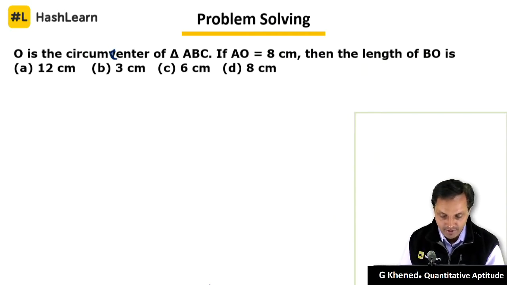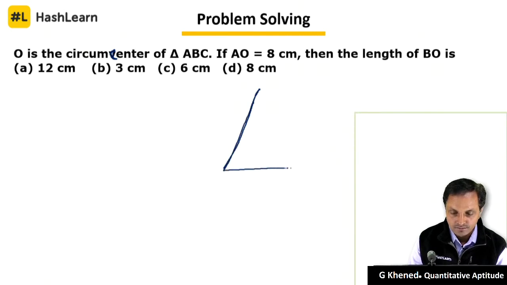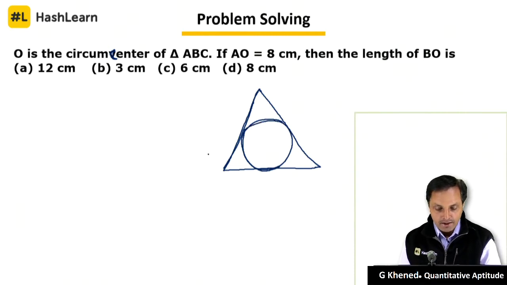O is the circumcenter of the triangle ABC. Then how will the diagram be? This is how your diagram will be.